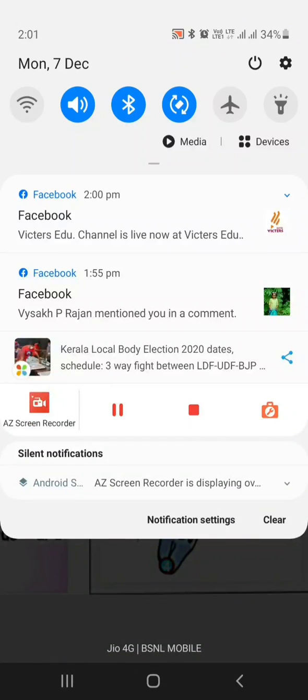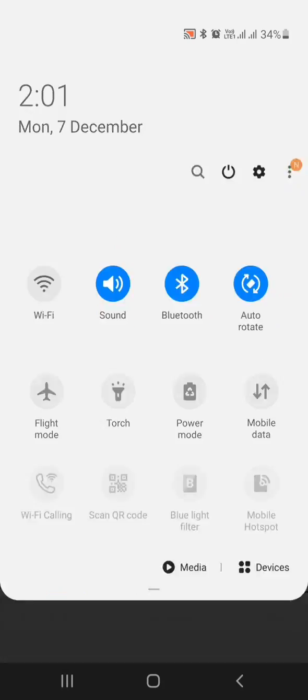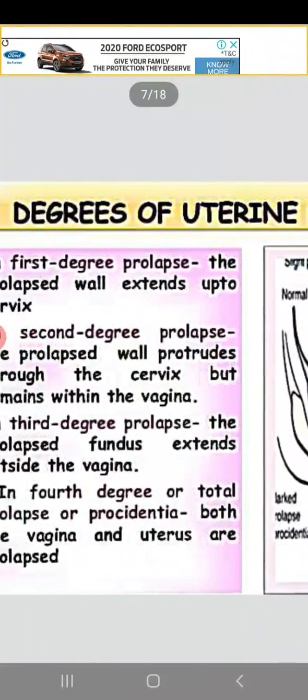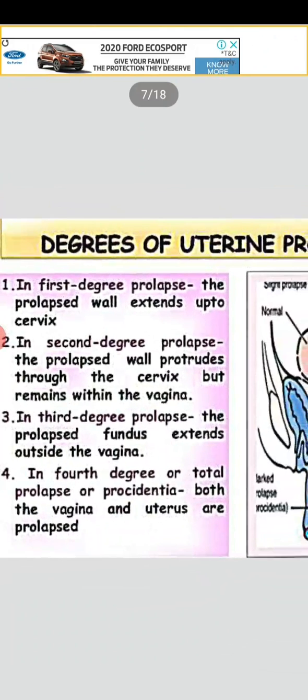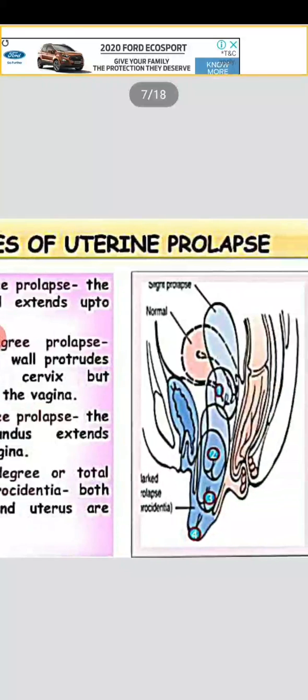In second degree prolapse, the prolapsed wall protrudes through the cervix but remains within the vagina.